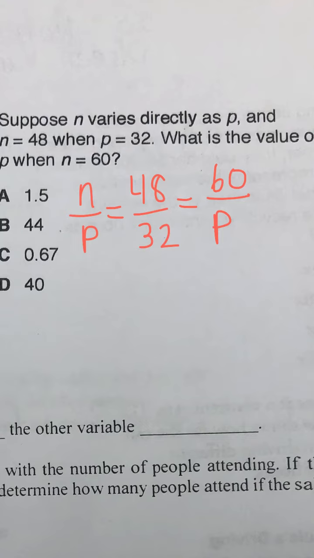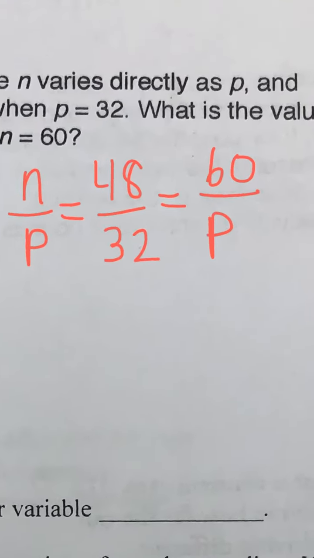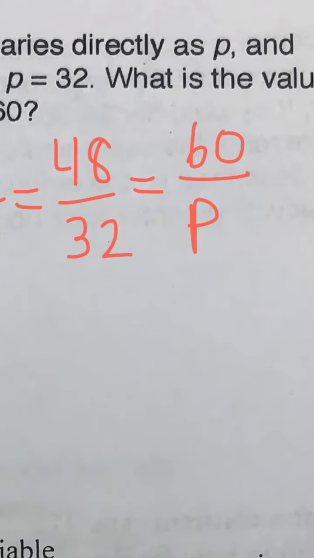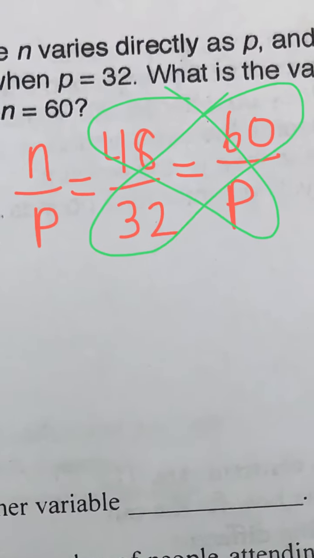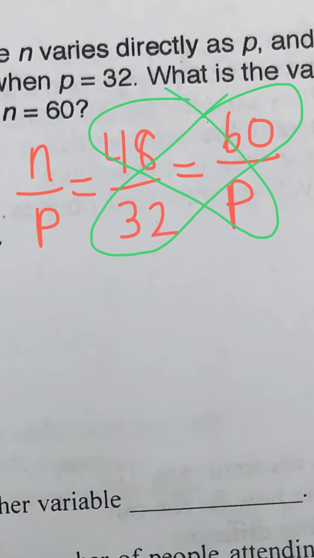So if you remember anything from 8th grade, it should be you do the cross multiplication. So this would be something like this. Cross multiply and cross multiply. So I get 48p equals 60 times 32.